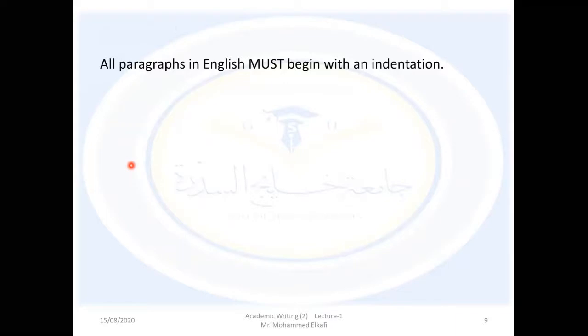All paragraphs in English must begin with indentation. So what do we mean with indentation? Yes, all paragraphs in English must begin with an indentation. Okay, what is this thing that is known as indentation?